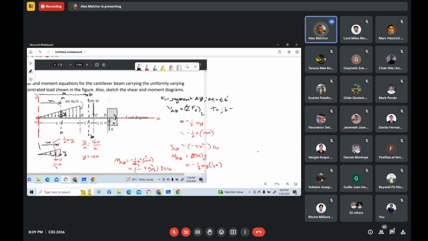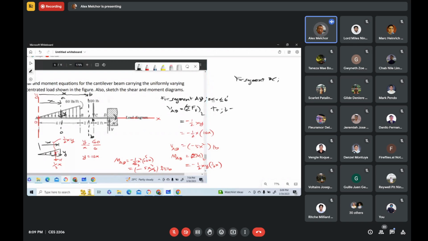So the shear equation, or by the way, for segment BC, our x is from 6 to 8 feet.